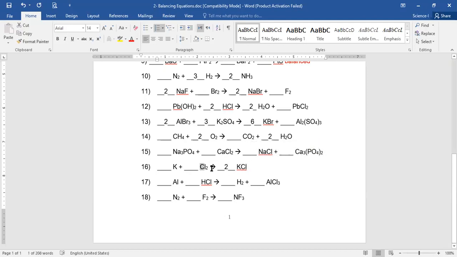But by adding this 2, we now have 2 K, yes or no? Because this 2 belongs to K and Cl. So like this we have 2 K, yes? And on that side we have 1. So what should we put here? 2. So like this, we have 2 K here and 2 K here, 2 Cl here and 2 Cl here. So it's balanced. Is it hard like this?